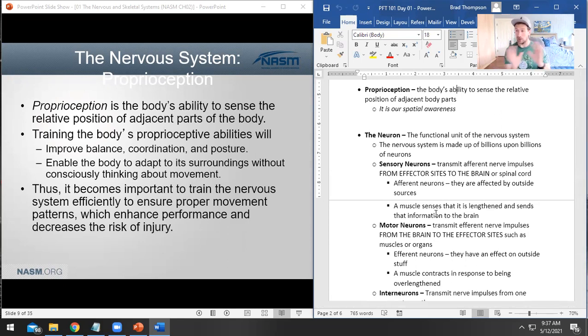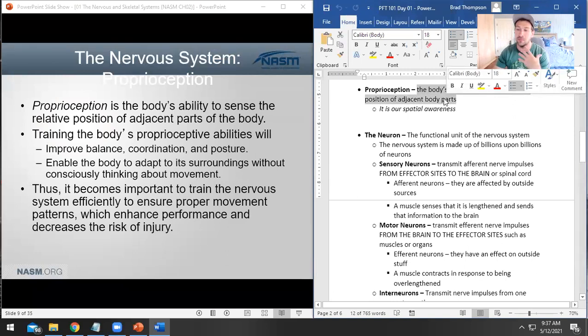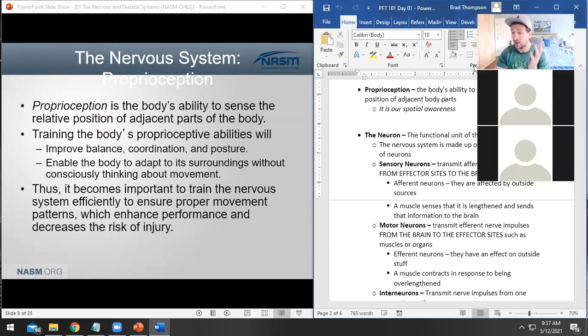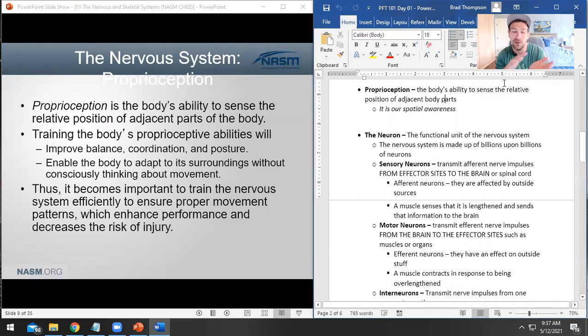All of that information going away and information coming back is what we refer to as proprioception. Proprioception is the body's ability to sense the relative position of adjacent body parts, which is a big fancy way to say it's our spatial awareness, right? It's your body's ability to understand where it is in space.